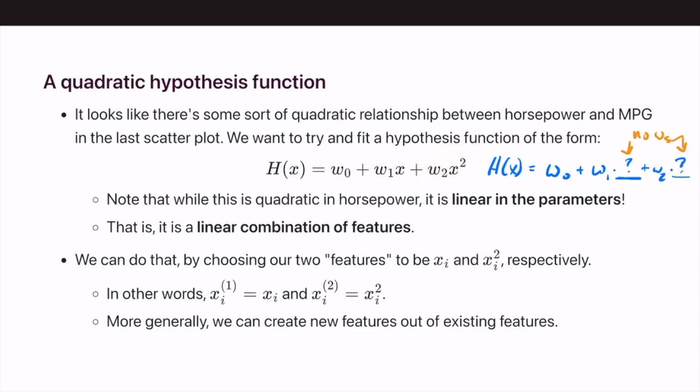Now remember, this W2x squared is not equal to W2x2, right? That was talking about which feature. This is actually exponentiation, so I want to make that clear.